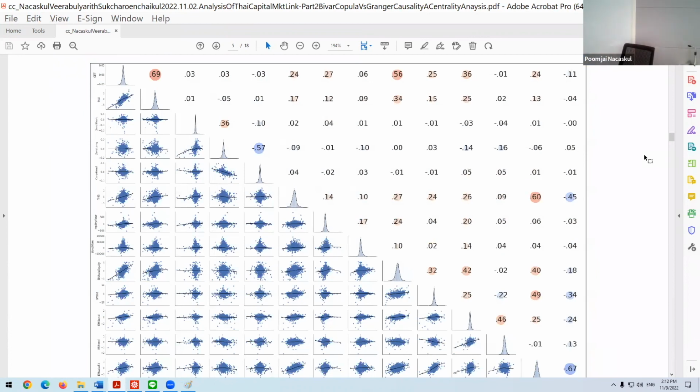You can see this? This is emerging market Asia equity. Remember that? Emerging market Asia equity, meaning stocks in Asia. And this is SET, that's Thailand stock. So they have a strongish, not that strong, strongish correlation.